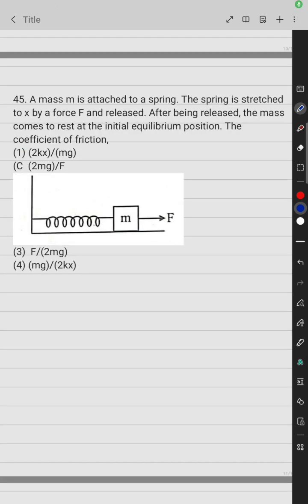In this question the mass is attached to the spring and the spring is stretched by x when force F is applied and then released. After being released the mass comes to rest at the same position. Its displacement is x on one side, then again x on the other side. Then what is the work done by the applied force?